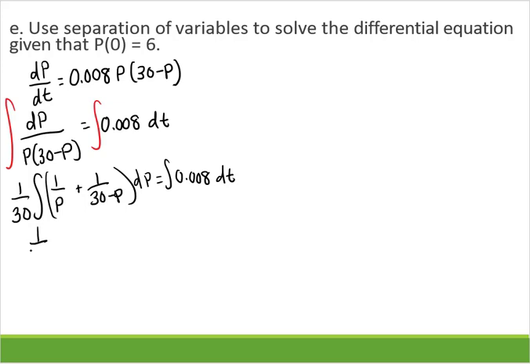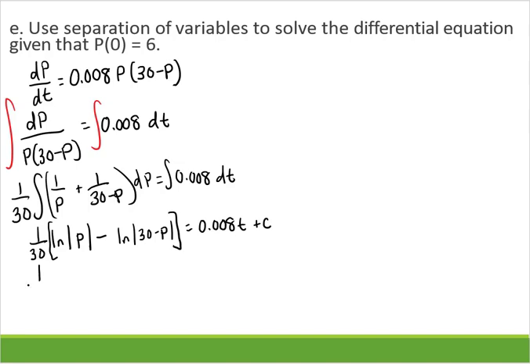Okay, so 1 over 30 ln of P minus, because of this minus sign in here, and that's in a quantity, ln of 30 minus P is equal to 0.008 T plus C.